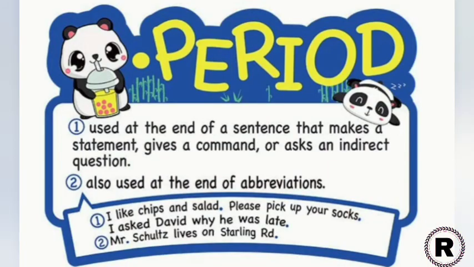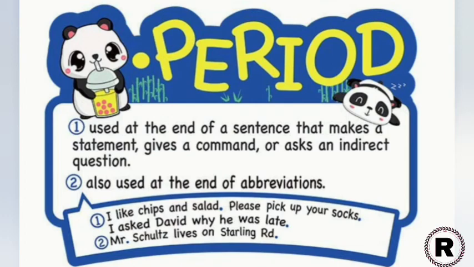Next is the period. Now what is a period? This is also called the dot, also called the full stop. Where do we use it? This is used at the end of a sentence that makes a statement, gives a command, makes a request, or asks an indirect question.